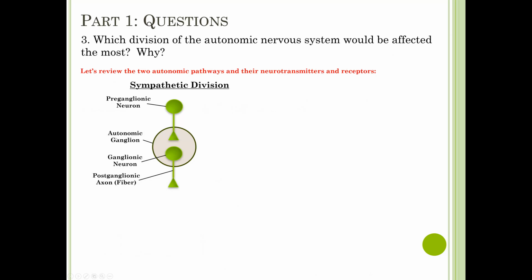So here's the autonomic ganglion, and there it's going to form a synapse with the ganglionic neuron, whose axon is called a postganglionic axon or a postganglionic fiber. And this neuron is going to go further out into the periphery, where it's going to form a synapse with a peripheral effector, which could be cardiac muscle, smooth muscle, or some type of gland.